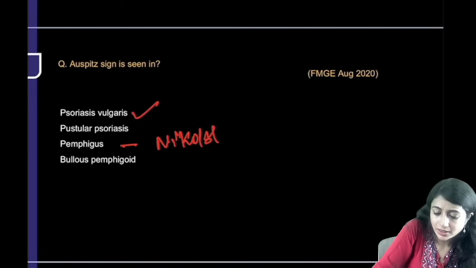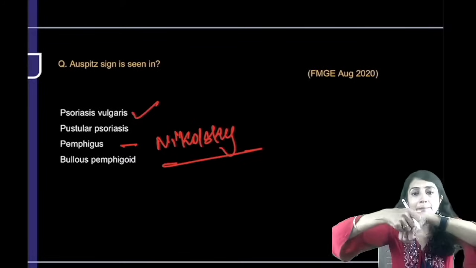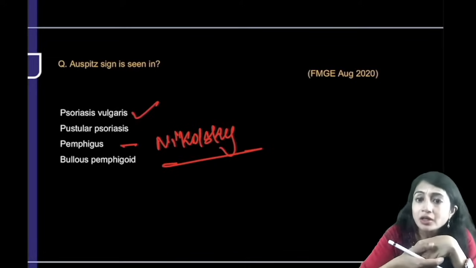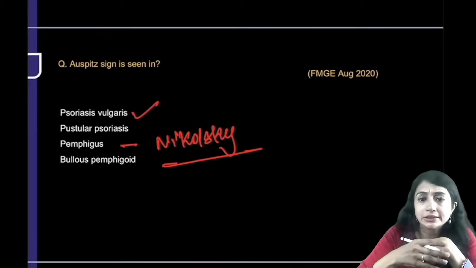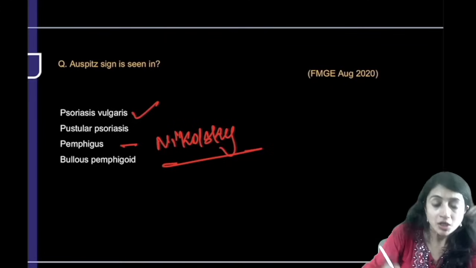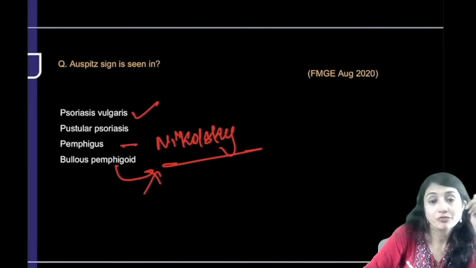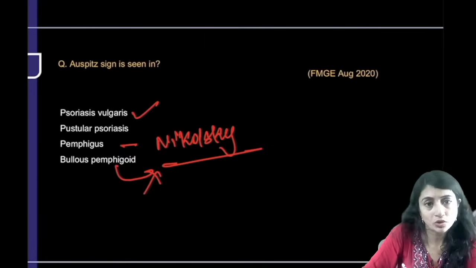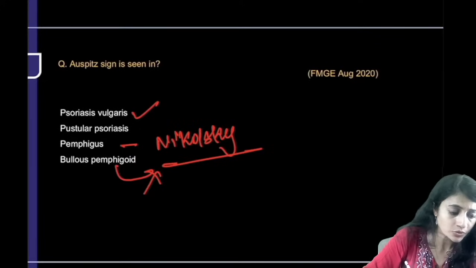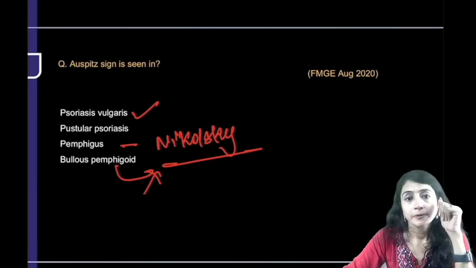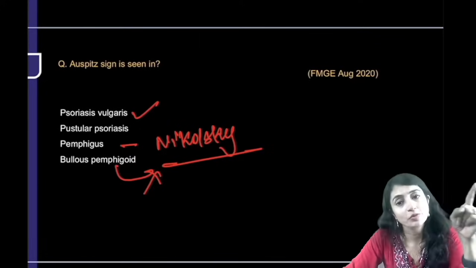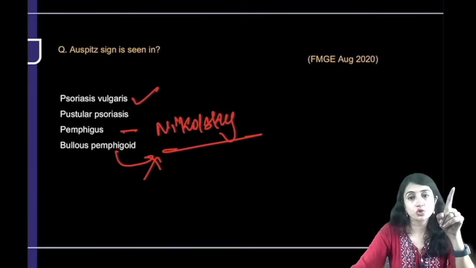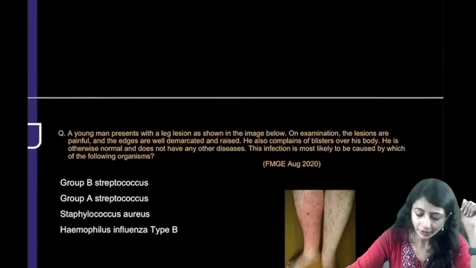Nikolsky sign is, if you apply a tangential pressure, that area of skin either forms a bulla or a raw area, commonly seen in pemphigus vulgaris, not seen in bullous pemphigoid. And yes, you're right, row of tombstones is a histopathological feature that you see in pemphigus. But the sign, if I ask you, will be Nikolsky's sign. Row of tombstones is seen on histopathology, right?